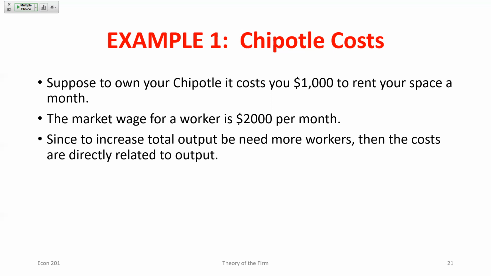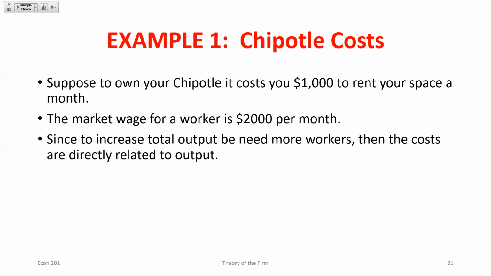Maybe over the course of a month or a year I can transition to another building, but if you think about the short run as what decisions I can make today, I can't change those things. What I can change today is I can hire and fire workers a lot easier, within a 24-hour time period. Hell, I can fire workers in a much shorter time period. So we're going to be thinking about labor as our short-run cost that we can change.